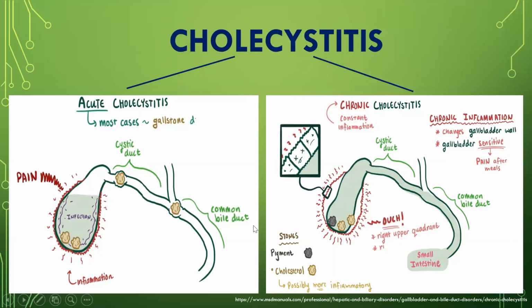In chronic cholecystitis, as you can see, usually the patient already has, for example, chronic inflammation or changes of the gallbladder wall due to bad treatment of acute cases, or hypotonic and other motility disorders, which lead to concentration of the bile inside the gallbladder, formation of gallstones, and increased risk of bacterial infection inside the gallbladder.